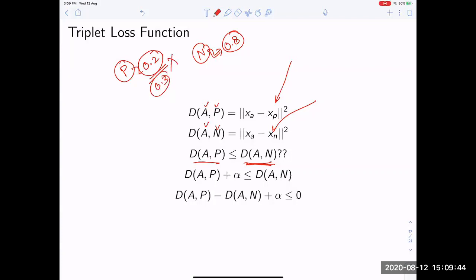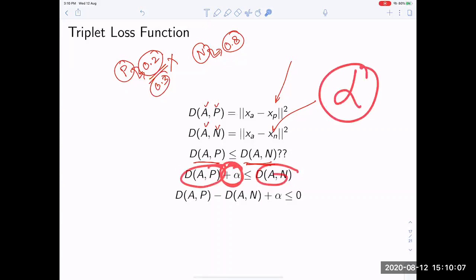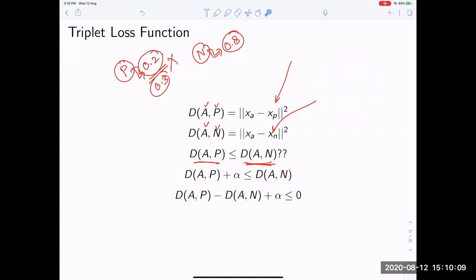I am saying that if your positive is 0.5 or 0.2, that is why it is written over here that the negative should not be just more than the positive. It has to be more, with a particular margin. So here your margin is going to be this alpha. It says that the distance between the positive and the negative has to be more than or equal to alpha.